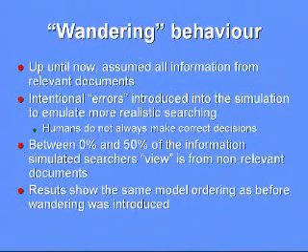I better press on now. Okay, so we now have this wandering behavior. Up until now, we've basically assumed all information comes from relevant documents. You can also have some wandering behavior where we assume that people don't always make the right choices. They don't always look at information from relevant documents.